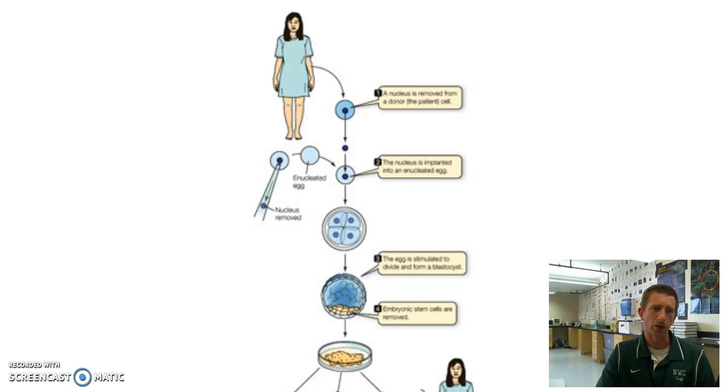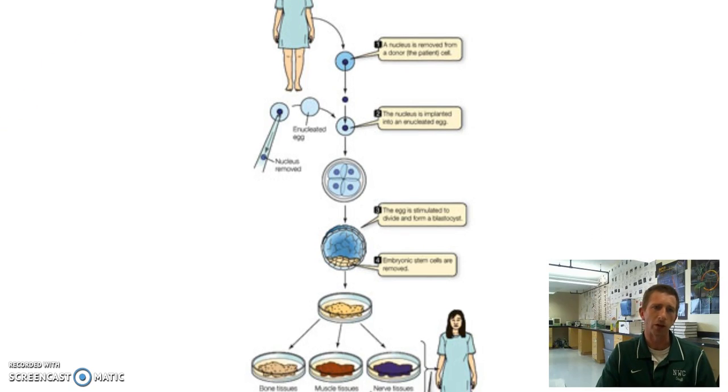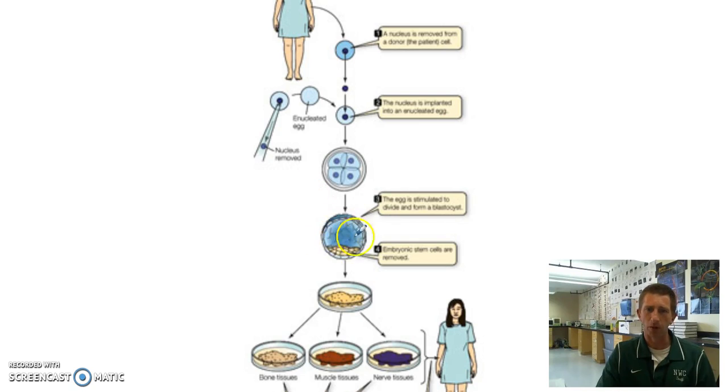So therapeutic cloning is basically human cloning, but you don't let the embryo develop more than 2 weeks, right? So you go through the same process. You have a donor egg, and then you have a person who wants to have a clone of themselves, right? And so then electric shock, and you fuse it, and then you let it develop for 2 weeks.